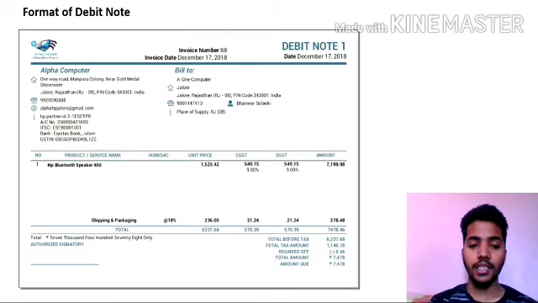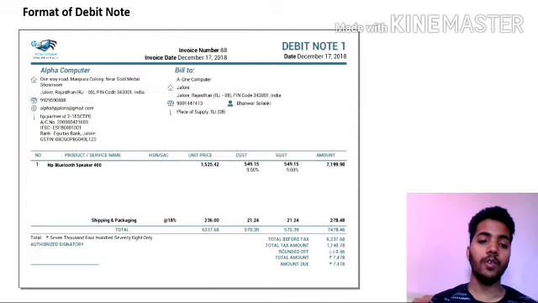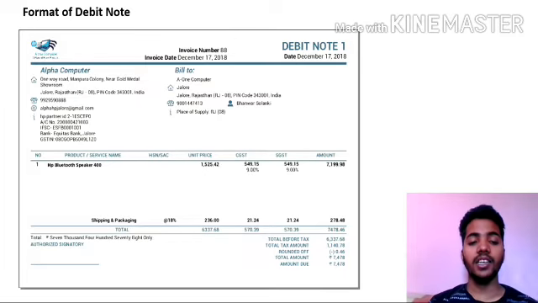And here the shipping and packing charge 18%, which is 278, and the total amount needed to be paid by the recipient is 7478.46. And here on the left hand side, at the footnote below the document, the authorized signature and the authorized digital signature of the supplier need to be mentioned here.